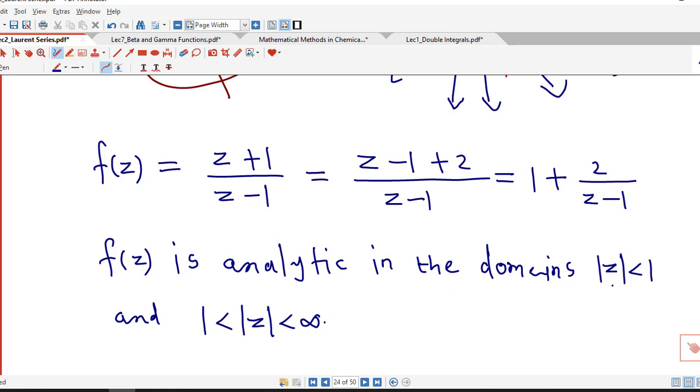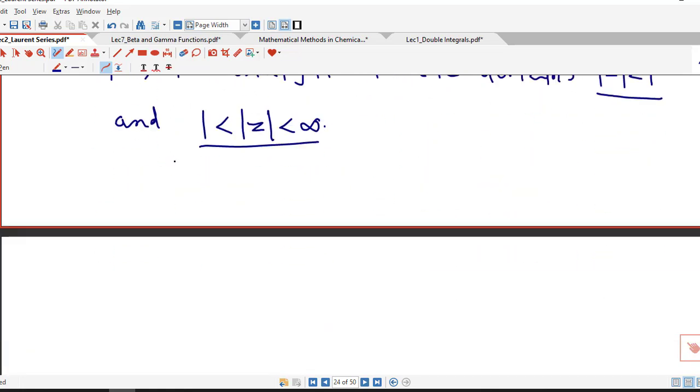Because the function is not analytic at z equal to 1, we have these two domains which do not include z equal to 1. So first we find out the Taylor series in the domain mod z less than 1.